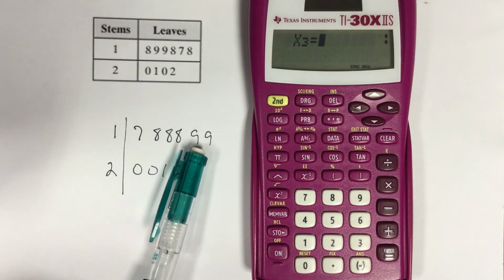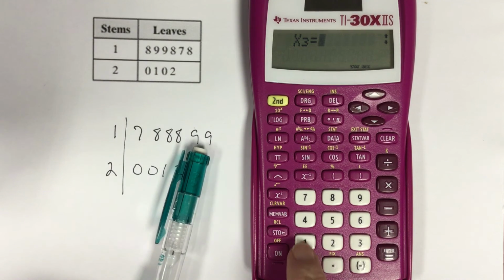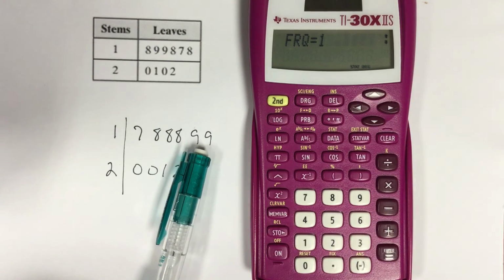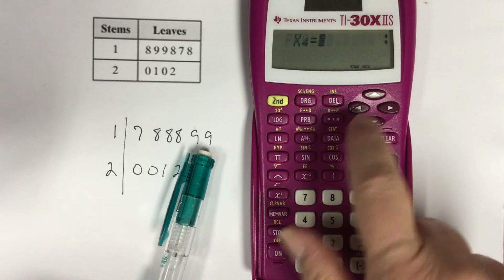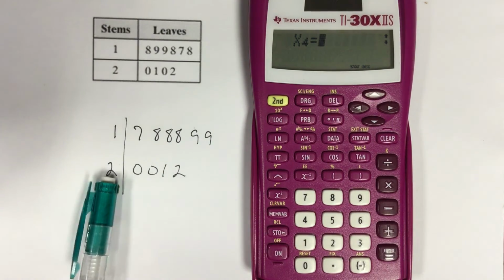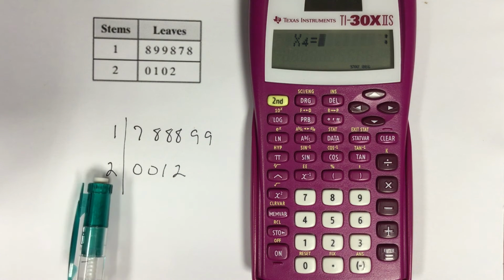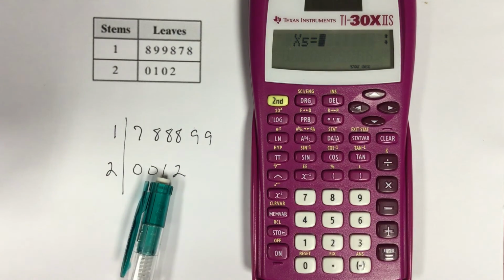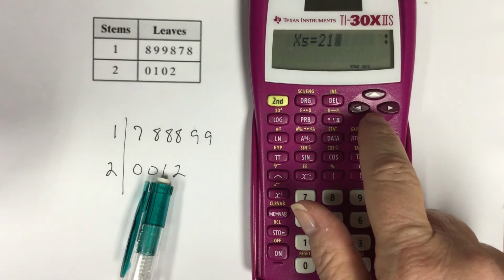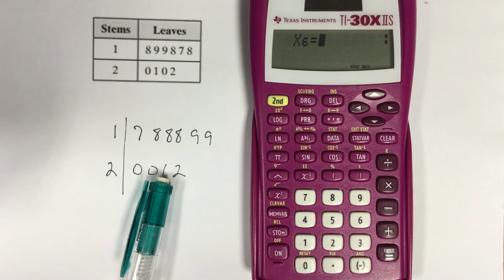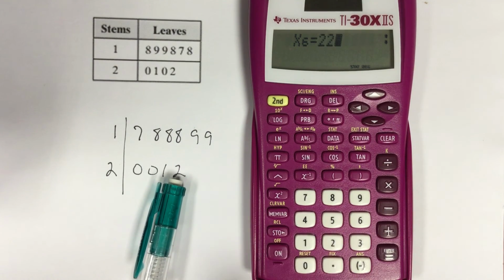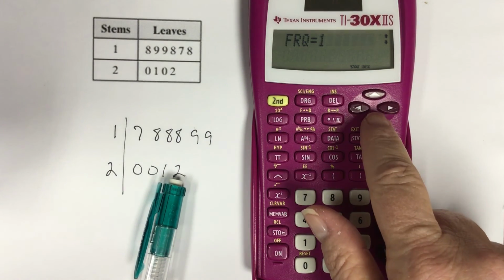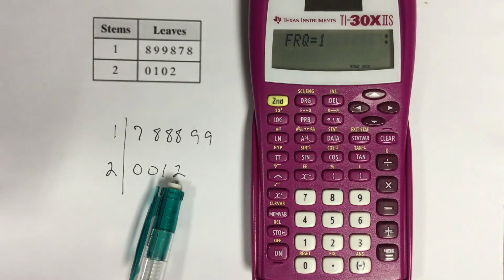The next value is 19, and then down arrow, there are 2 of those. Down arrow again, the next value is 20. See, 2 0, and there are 2 of those. And then there's a 21, down arrow twice because there's only 1 of those, and then there's a 22, down arrow again. And now we're ready to find our sample standard deviation.